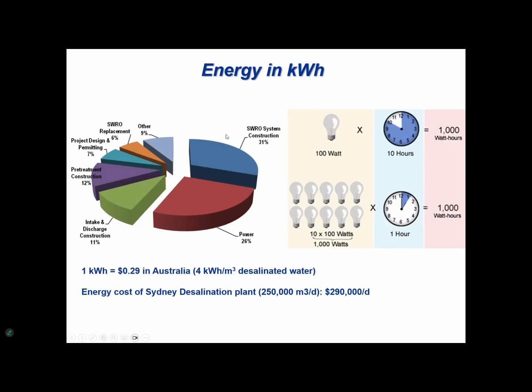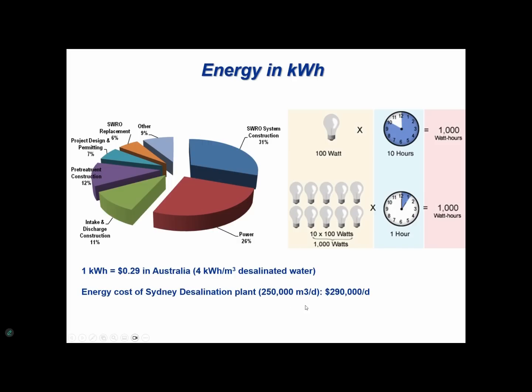When you think about energy in terms of kilowatt hours, in Australia 1 kilowatt hour is $0.29. And at the Sydney desalination plant, every day we produce 250,000 cubic meters per day, which covers around 15% of our drinking water sources.